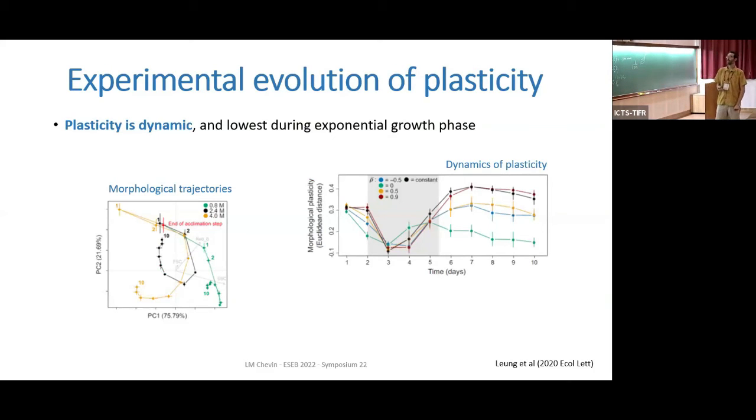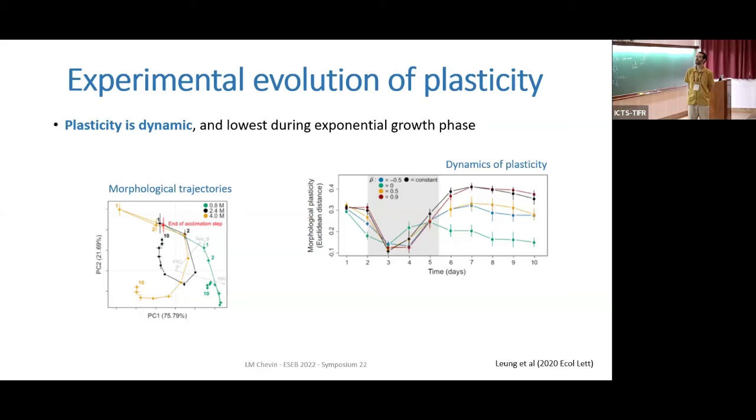If you place them in a new salinity, coming from this acclimation step, and then you track their trajectories over time in different salinities, in this morphospace, they just travel a lot. Their phenotype moves quite a bit. So it's not evolution. We've done the same with clones and things. It's just plastic changes, basically.